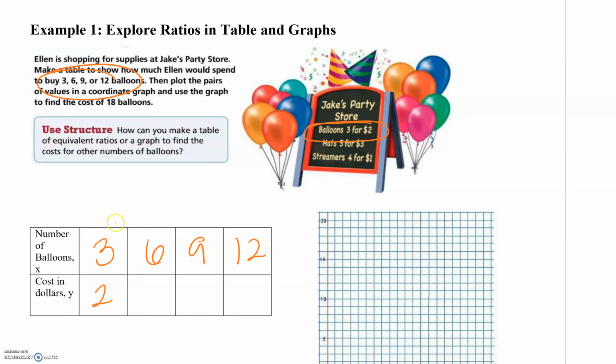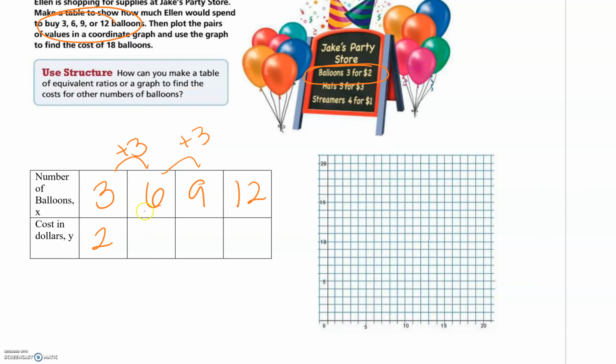But luckily we can see that these are all increasing by 3, so we can use our ratio again. If I have 6 balloons, it should cost me $4. If I have 9 balloons, it should cost me $6. And if I have 12 balloons, it should cost me $8. So now I have my ordered pairs again. This is my X, this is my Y.